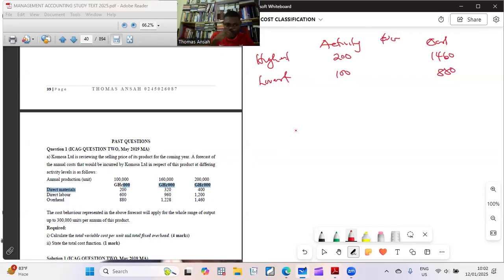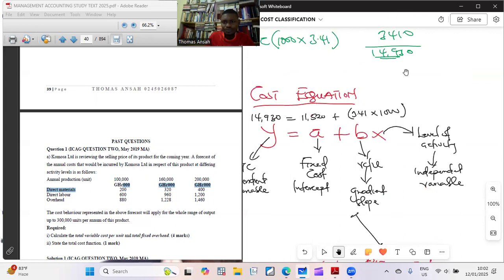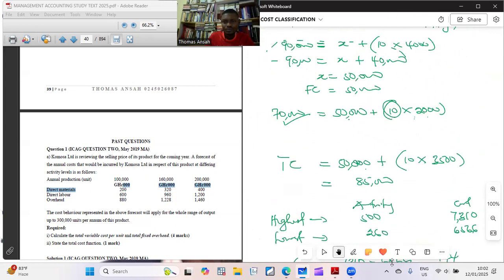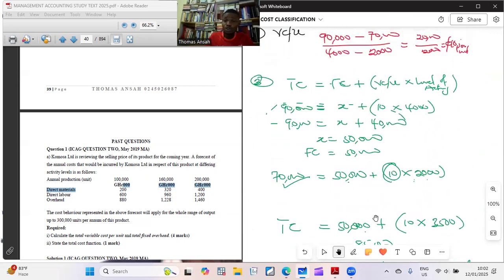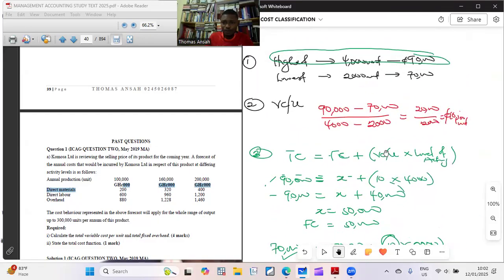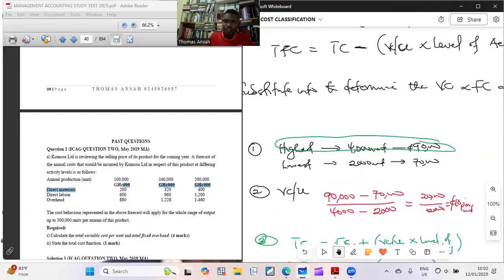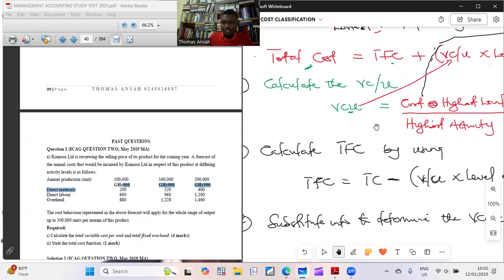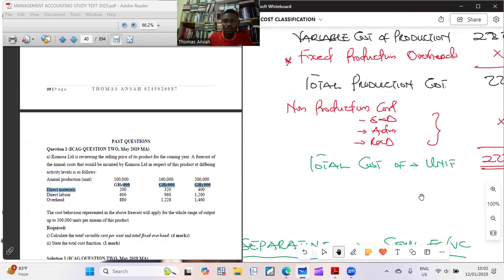If we want to know the total variable cost per unit, do you remember what we did? Go to the cost card. Let me take you there. This is total variable cost per unit. But we have been doing variable cost per unit. All right. So TVC is the same thing. But I just want you to look at something here.